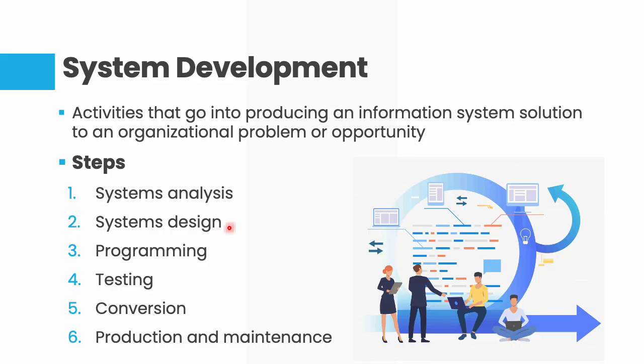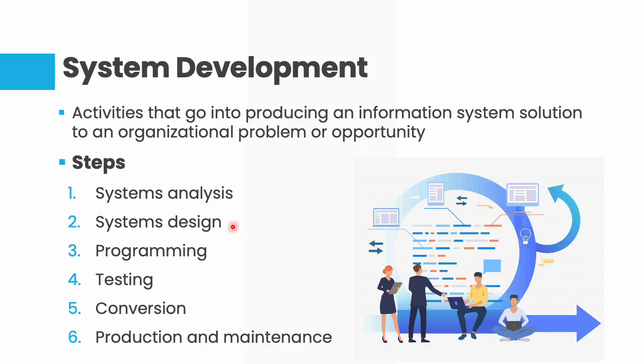The next one is system design. Now we become the architects. So based on what we have learned, we draw up the blueprint for the new system. How will it work? What will it look like? We plan everything out.